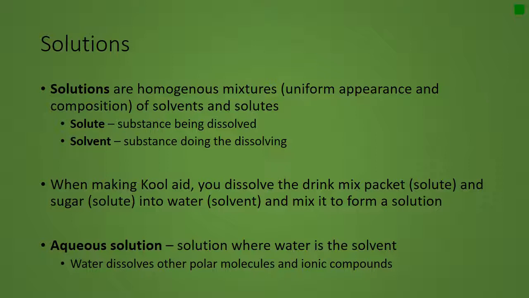So, when you make Kool-Aid, you dissolve the drink mix packet, which is one of the two solutes, and you dissolve the sugar, which is the other solute, into the water solvent. You mix it until it is totally dissolved, and you have a homogeneous mixture, or a solution. When water is the solvent, we say it is an aqueous solution.